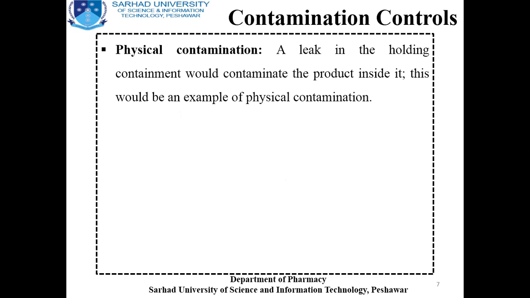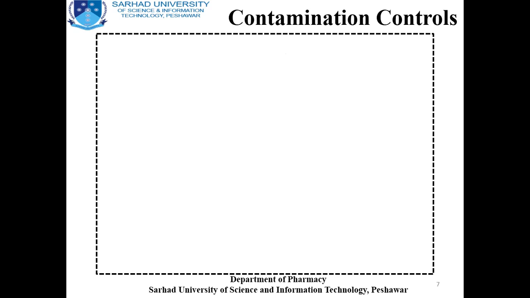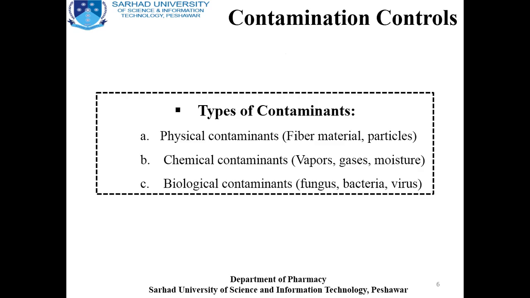The physical contamination we can explain by a suitable example. A leak in the holding containment, that is the holding container, would contaminate the product inside it. If there is a leak, then physical contaminants, which I have already told you, such as fibrous material and particles, are some examples of physical contaminants.